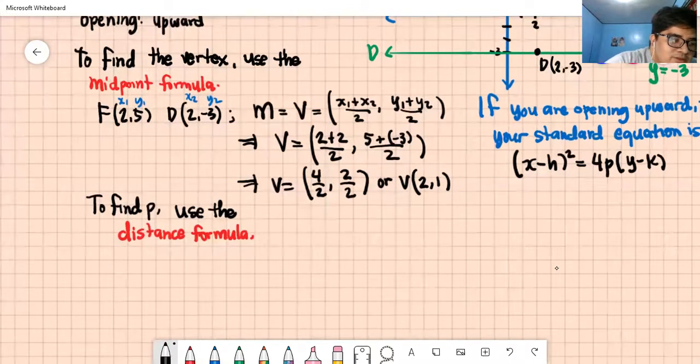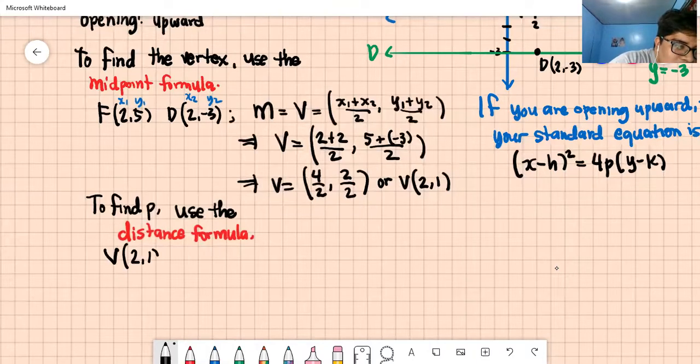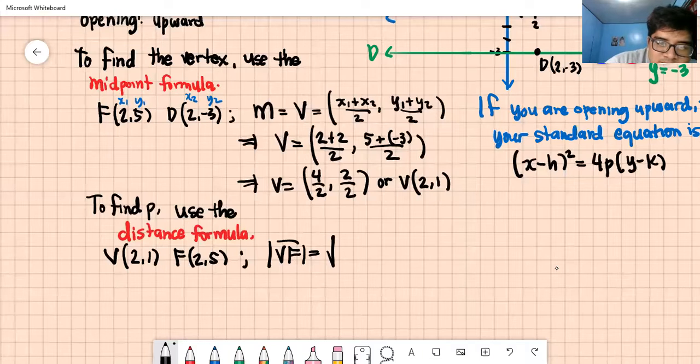Yung point V, which is 2, 1, and F, which is 2, 5. How do we do that? This is VF just equal to, ano to? X2 minus X1, yung pangalawa minus yung una. 2 minus 2 quantity squared plus y2 minus y1, yung pangalawa minus yung una, 5 minus 1 quantity squared.